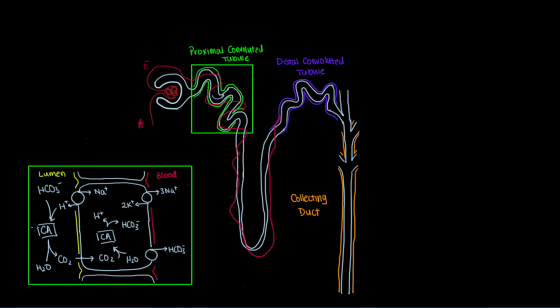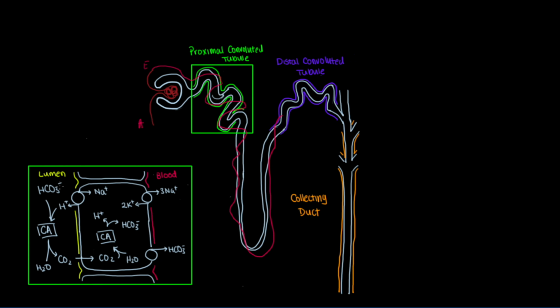As it's interacting with the wall of the proximal convoluted tubule, you'll see that there's this enzyme called carbonic anhydrase, which takes some acid that has been secreted and combines it together to create water and carbon dioxide, and then the carbon dioxide is able to diffuse through. The carbon dioxide goes through a reaction with water that's already present in the cell of the proximal convoluted tubule with carbonic anhydrase to produce bicarb.